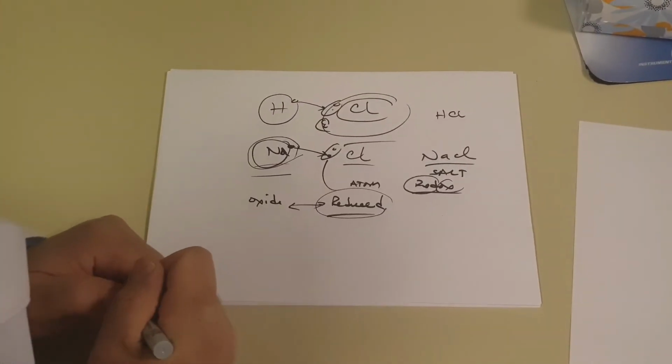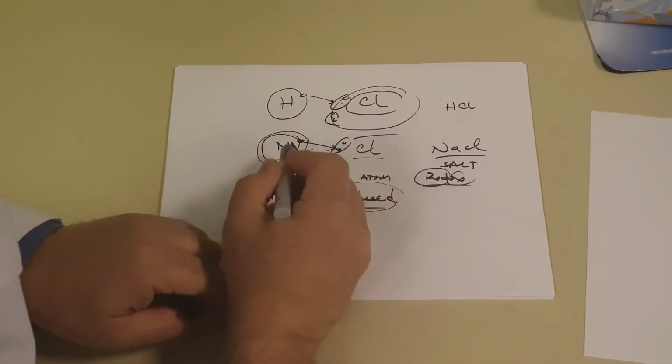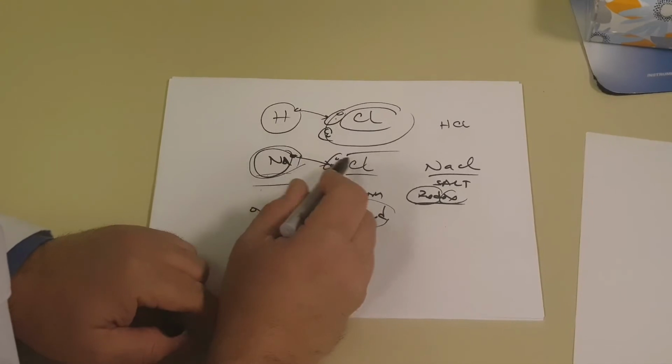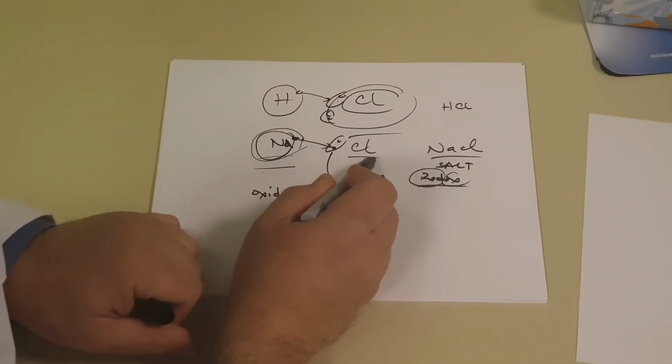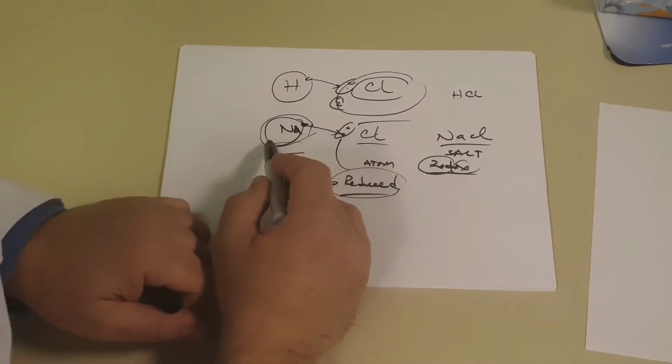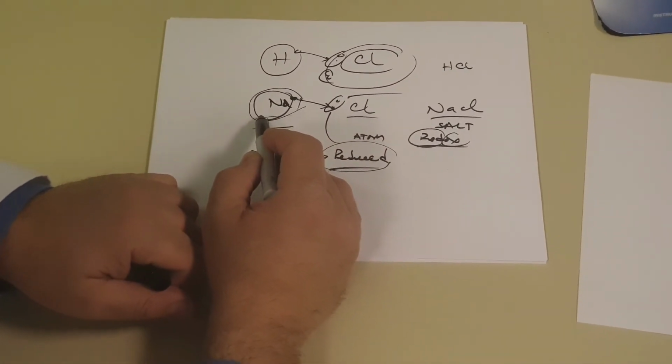So if you think about it, this now becomes a reducing agent because it's going to reduce whatever it comes in contact with. And this becomes an oxidizing agent because it's going to oxidize whatever it comes in contact with.